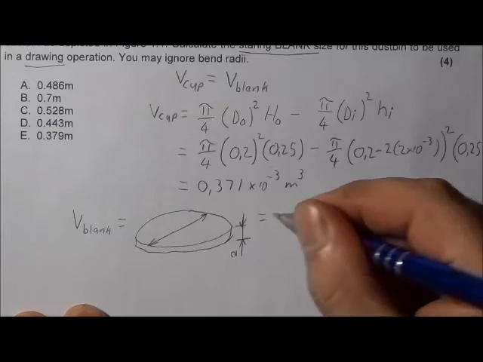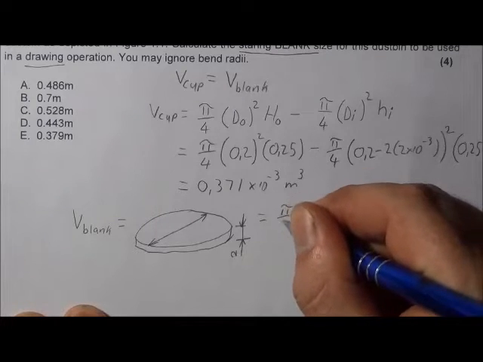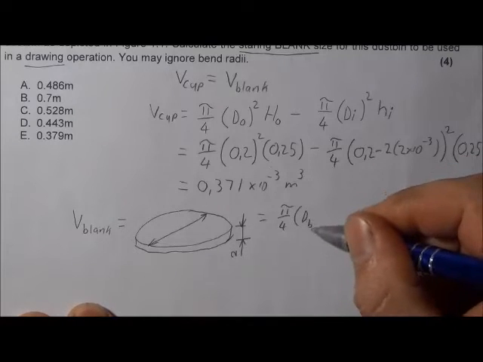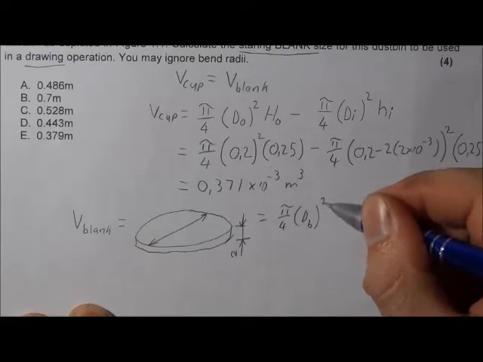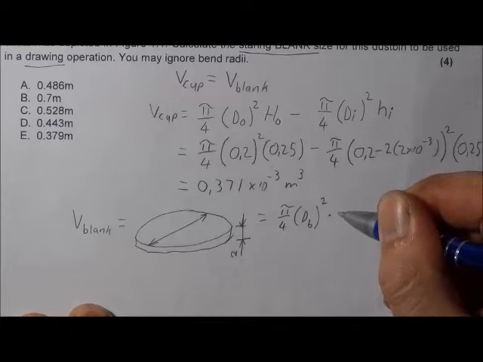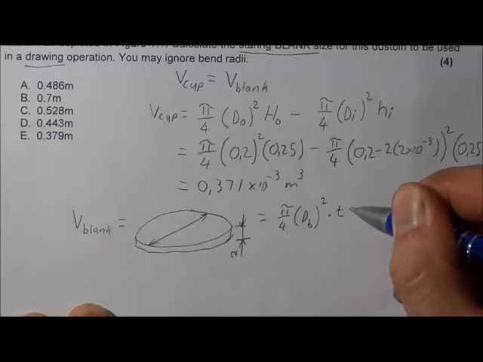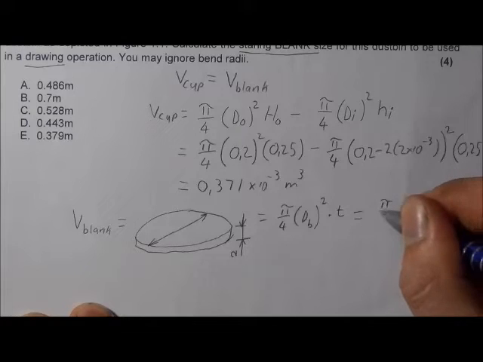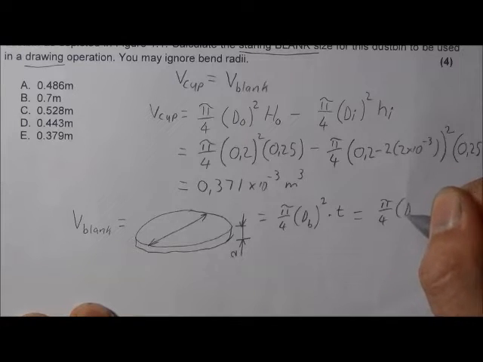So the volume is pi over 4 dB, for blank diameter, squared times the thickness t, which is equal to pi over 4 dB squared times 2 times 10 to the minus 3.